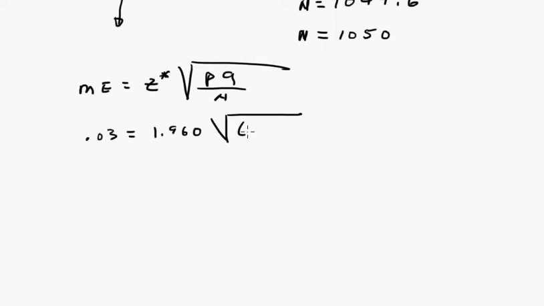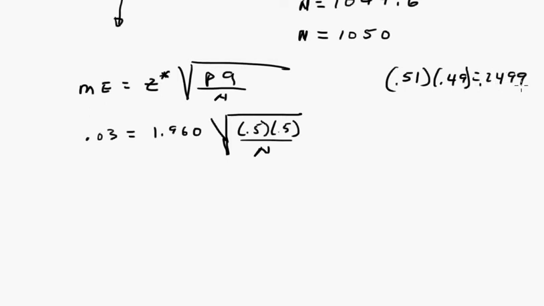Well, if you do the math, it turns out that the largest number we can get of this product is 0.5 times 0.5. Just knock it down. Just go 0.51 times 0.49, and I think that's going to be 0.2499.